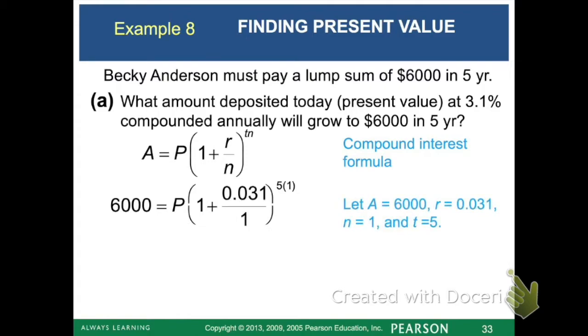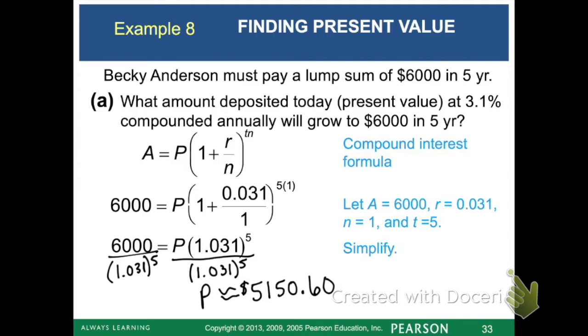So first of all, we know that A is 6,000. R is going to be 0.031. We just moved the decimal place to the left 2 spaces. N is 1 because the problem says compounds annually. And T is 5. We're going to start by simplifying inside of the parentheses and doing the 5 times 1 in the exponent.